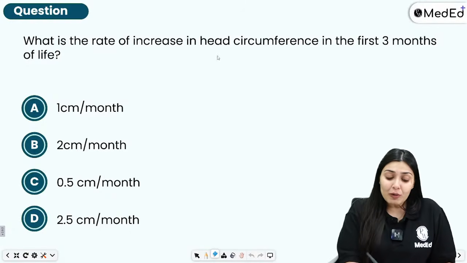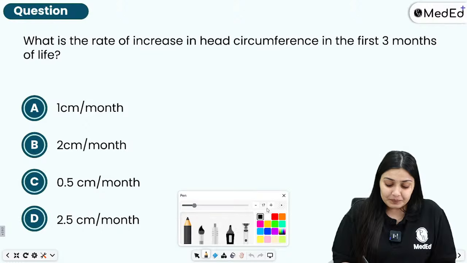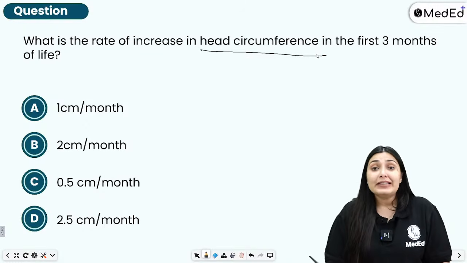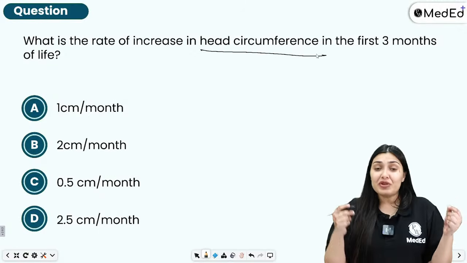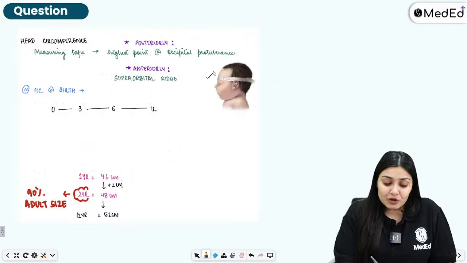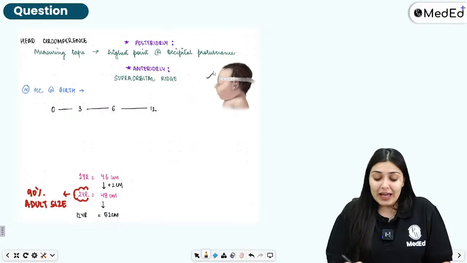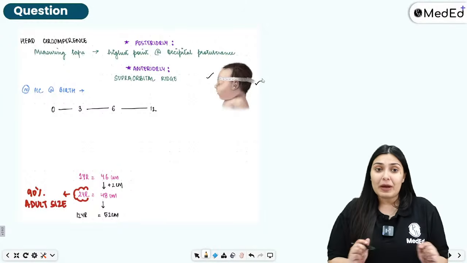When we talk about head circumference in the pediatric population, how do we measure it? We measure it with a measuring tape, placed anteriorly just above the supraorbital ridge and posteriorly on the highest point of the occiput. This is how we measure.